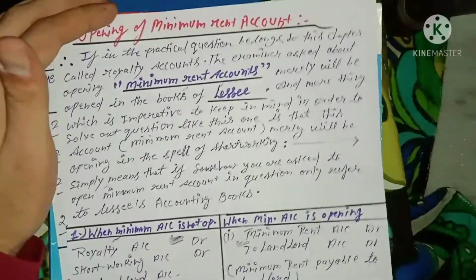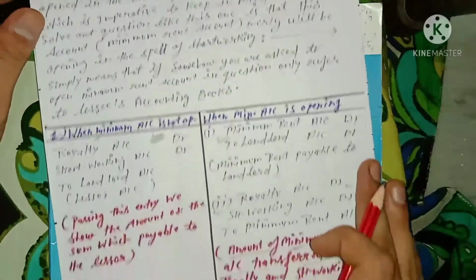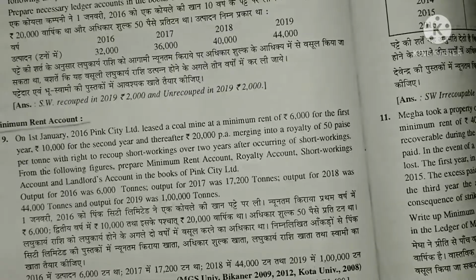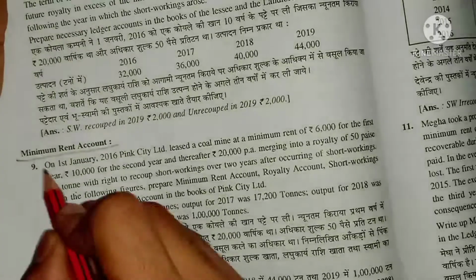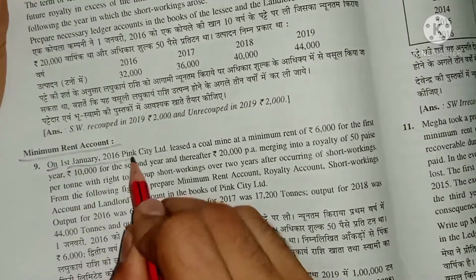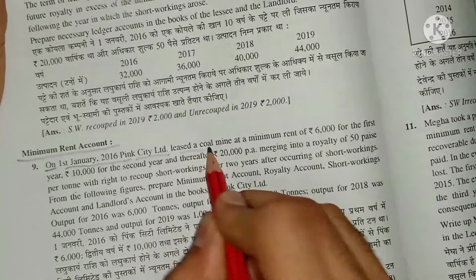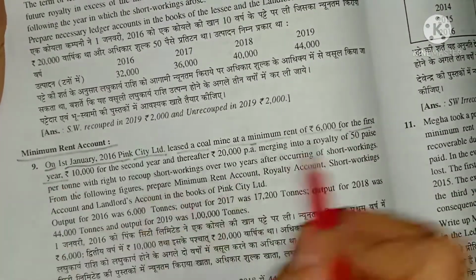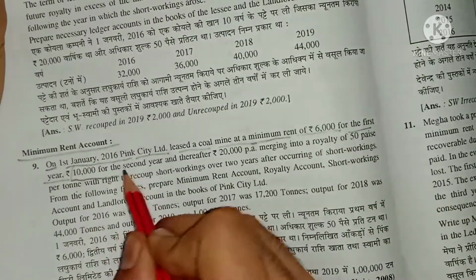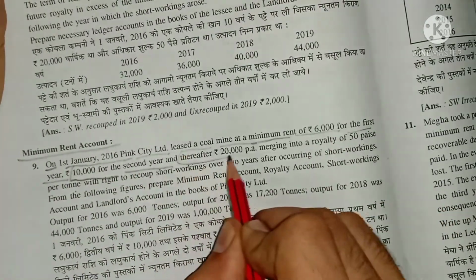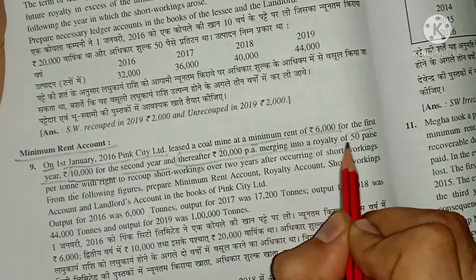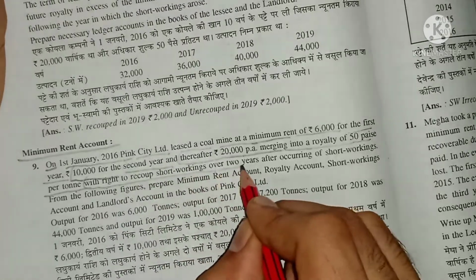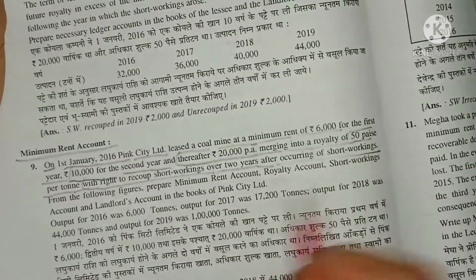Now I have told you these things already. Let me get my hands on the practical question. Here we have a numerical: on 1st January 2016, Pink City Limited leased a coal mine at a minimum rent of 6,000 for the first year and 10,000 for the second year, and after that 20,000 per annum, merging into a royalty of 50 paisa per ton, with the right to recoup short working over 2 years after the occurrence of short workings.